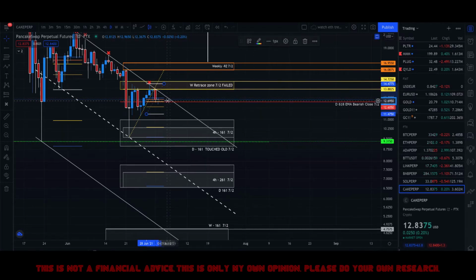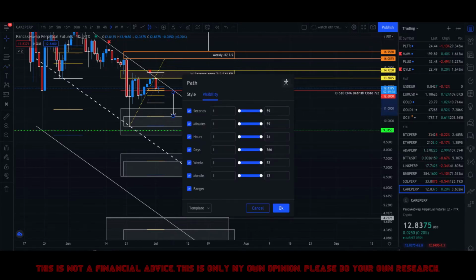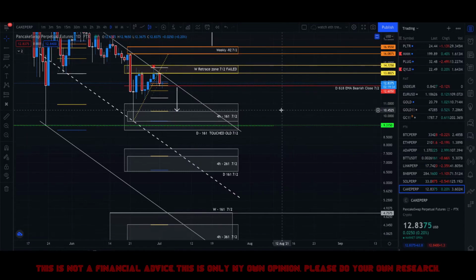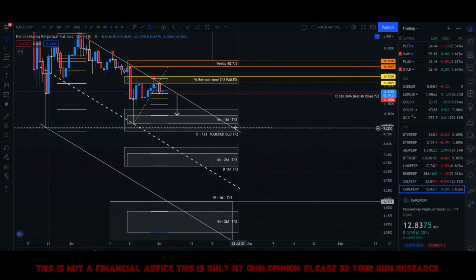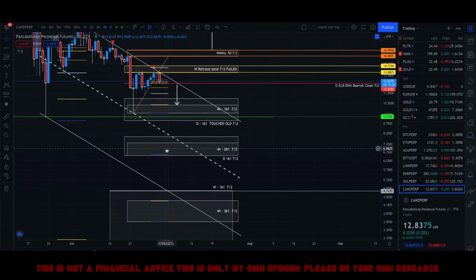If we close below the red line or the 618 of this move right here, we would go to this box, right, to the 4-hour 161 extension zone, or the 161 extension zone of this move right here. Okay, and then the 261 Fibonacci extension of this move would be here.